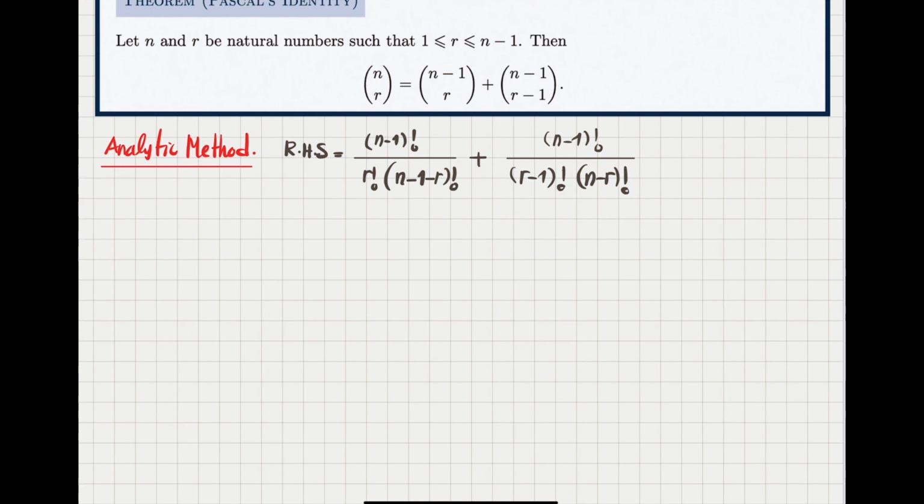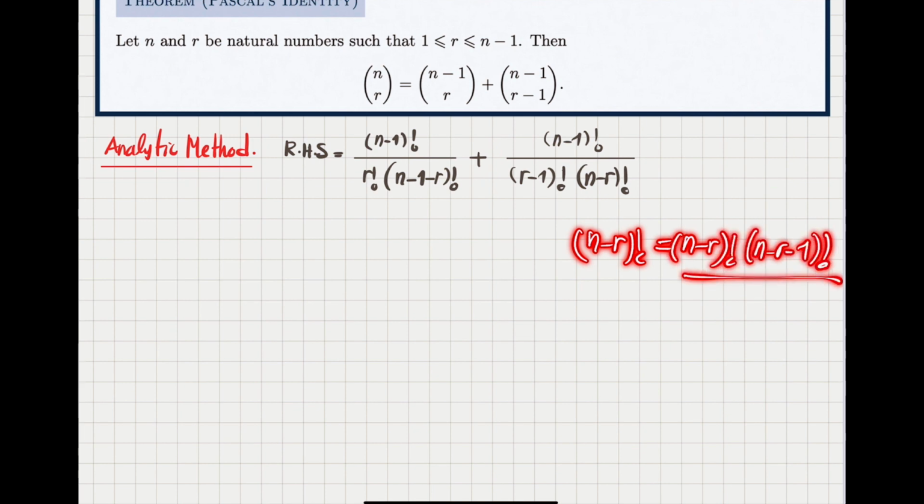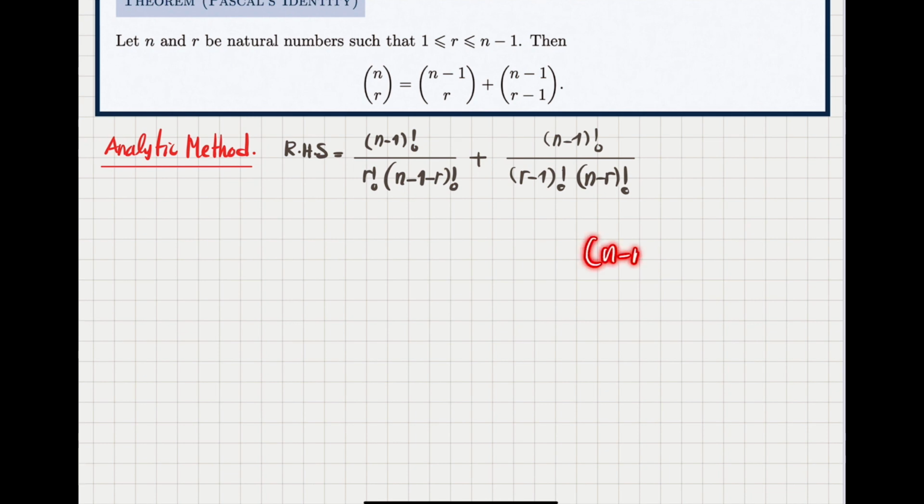And this one and that one, they are the same, yeah? So the same argument. Because n minus r factorial can be written as n minus r factorial times n minus r minus 1 factorial. I made a mistake, sorry. n minus r factorial is n minus r times n minus r plus 1 factorial. Sorry, let me write it again.